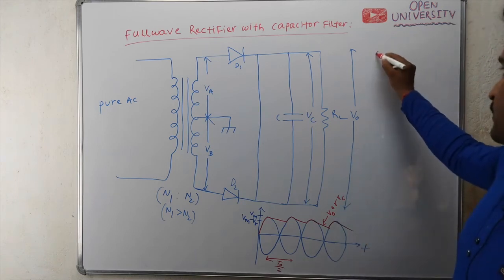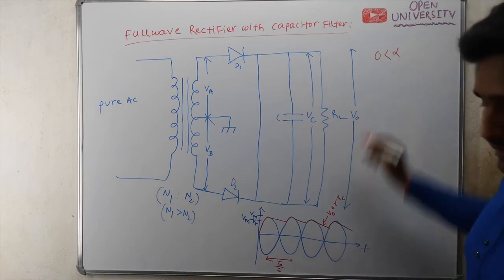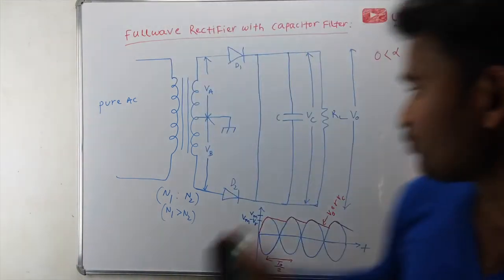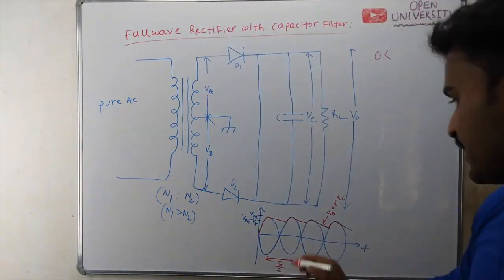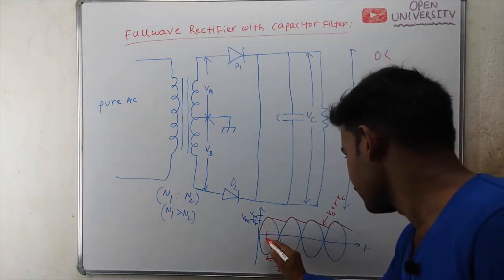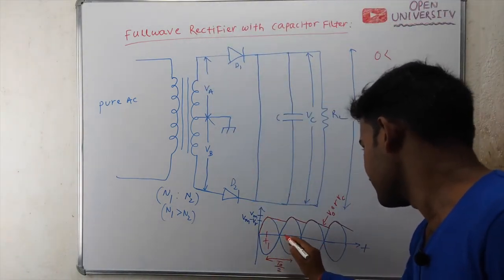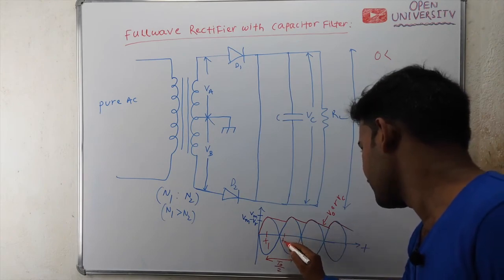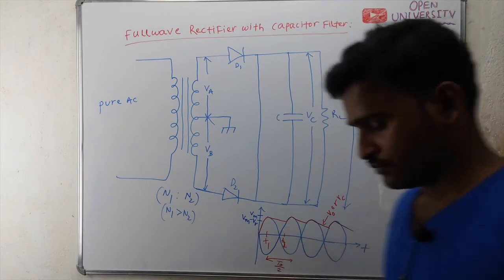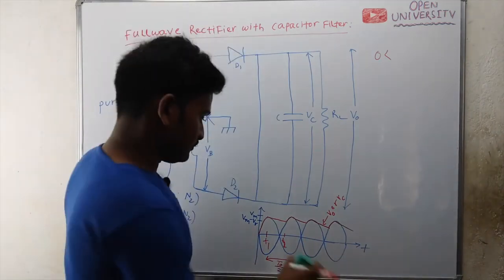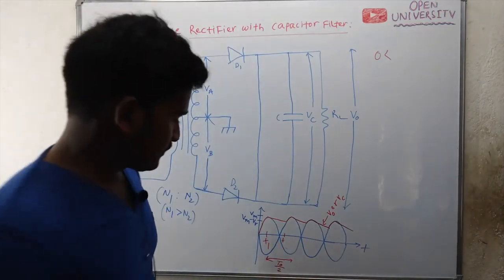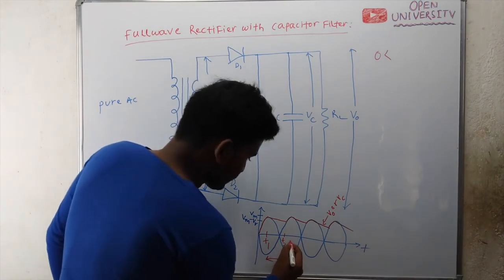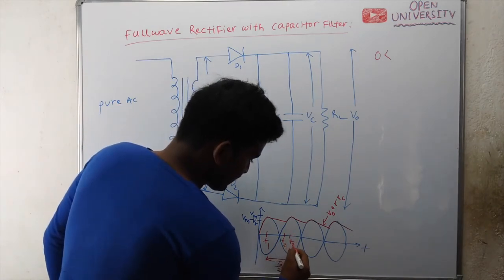So what happens when t is between 0 and t1, let this time be t1, let this time be t2, and let this be t3.